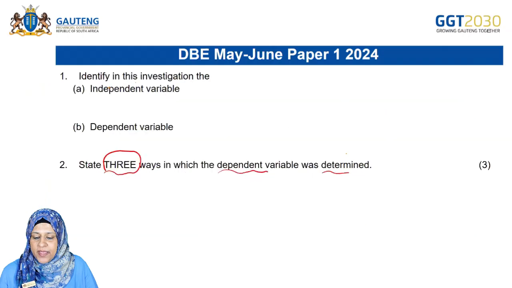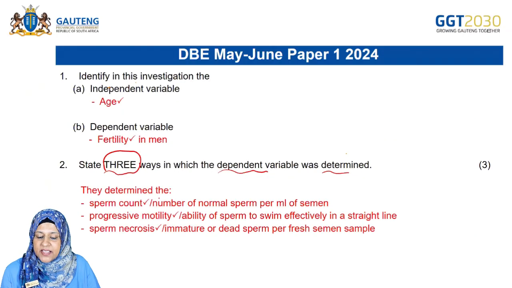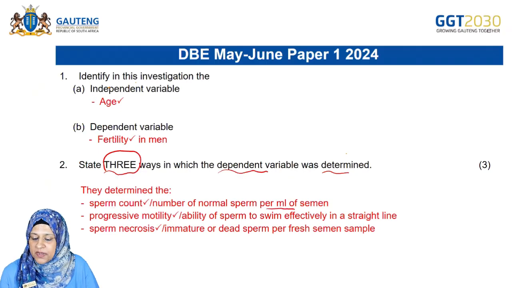So let's go back. Right. 3 ways in which the dependent variable was determined. They determined the sperm count, the number of normal sperm per milliliter of semen. They worked out the progressive motility, the ability of the sperm to swim effectively in a straight line, and they worked out the sperm necrosis, the immature or dead sperm per fresh semen sample.